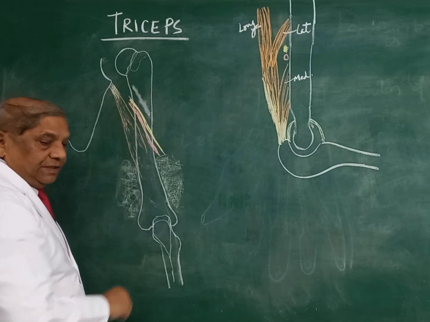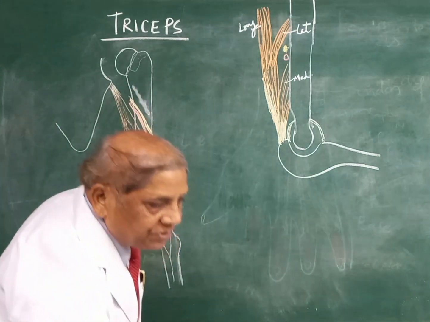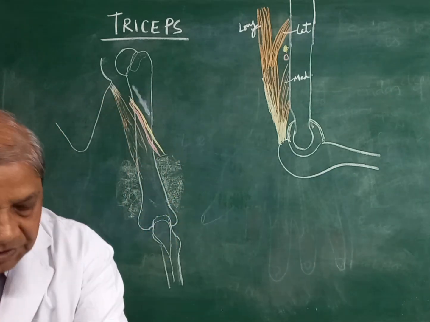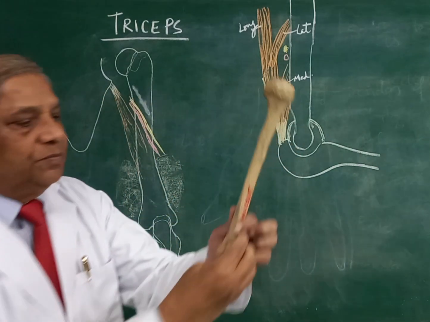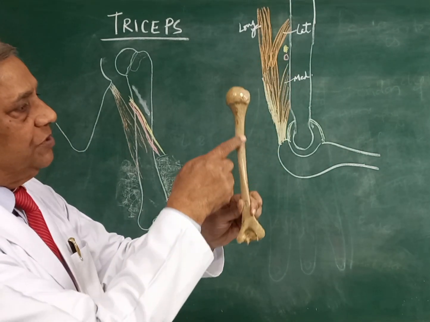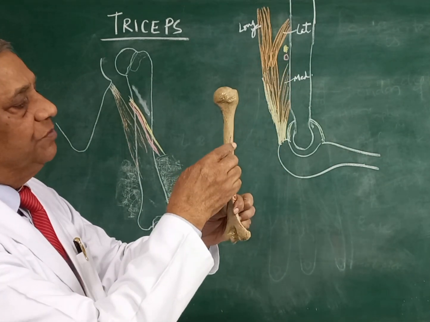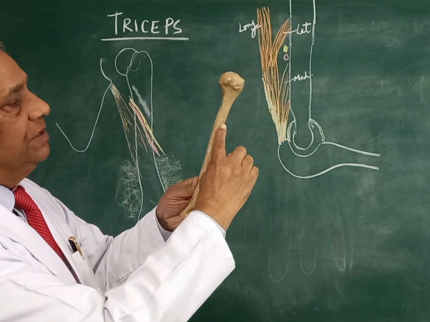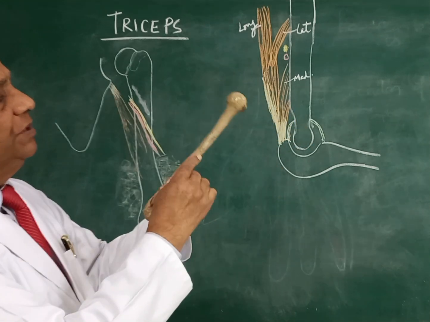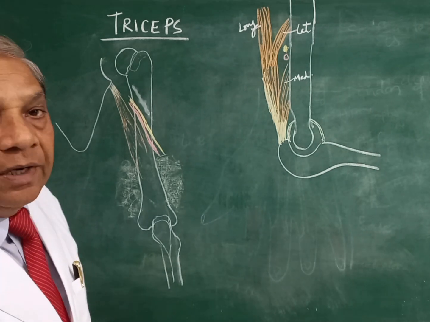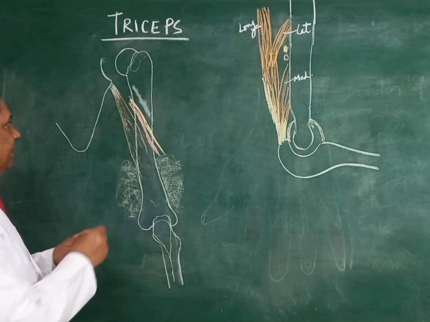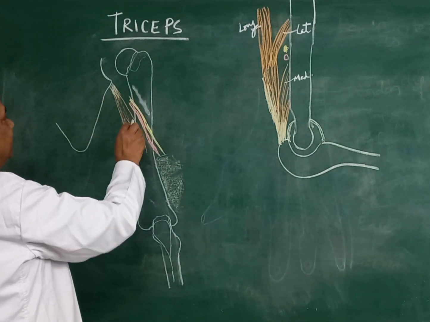Now, this is a ridge which is seen on the posterior aspect of the humerus. Let us see this humerus. This is the posterior aspect of the right humerus, and you are seeing a prominent ridge here, which gives origin to the lateral head of the triceps.